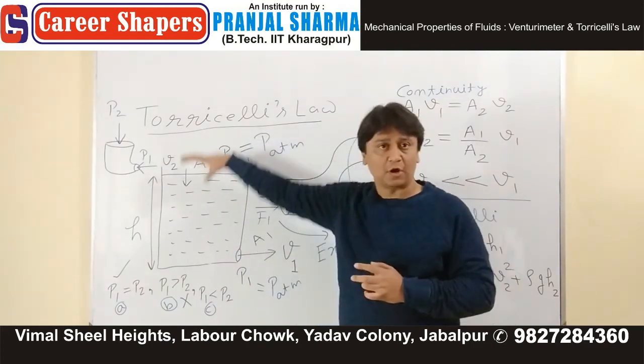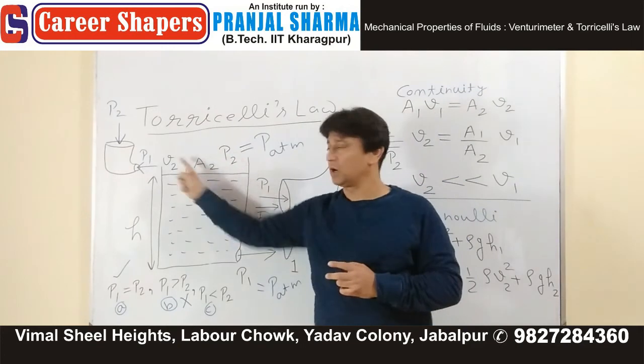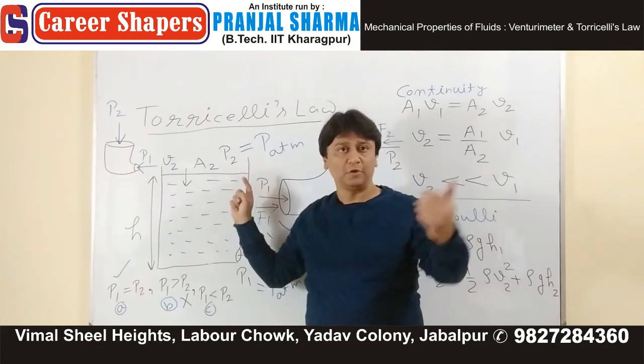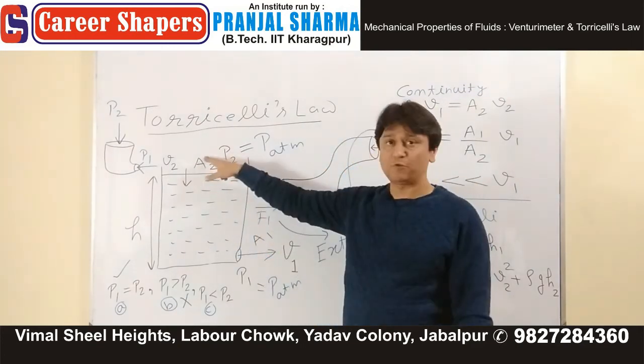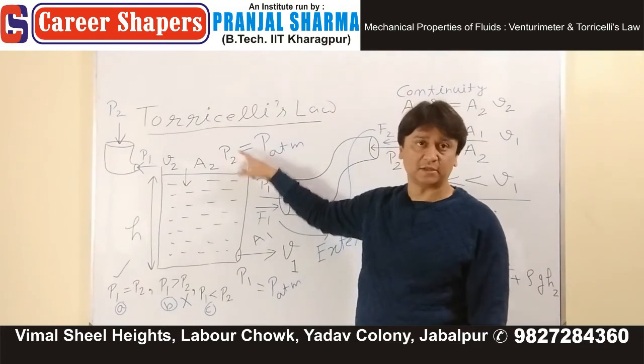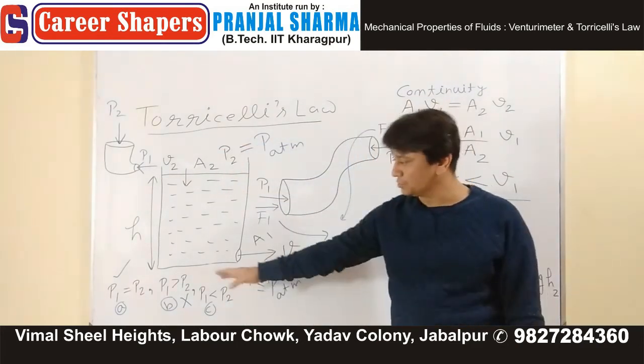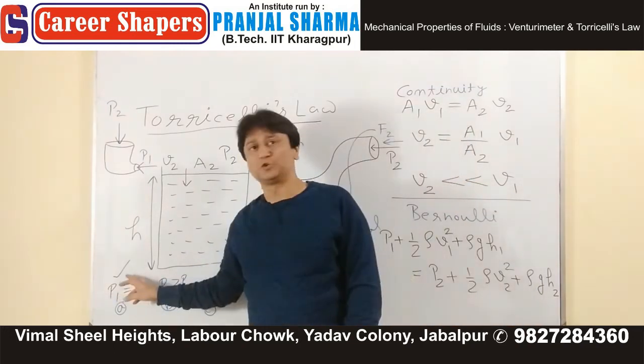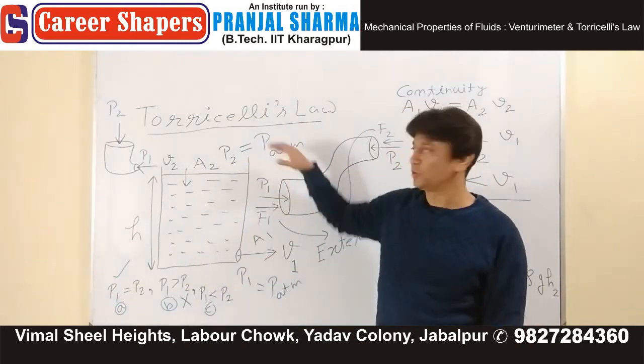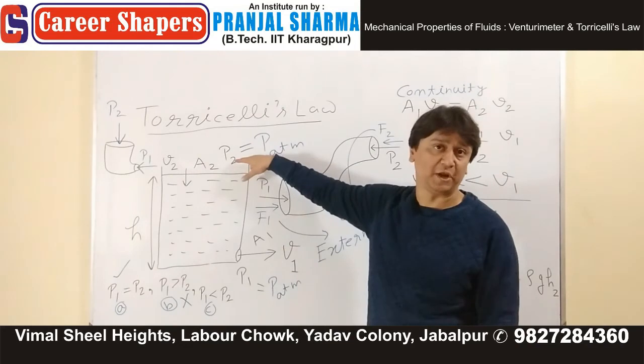Now, as the water comes out, it creates what? A vacuum sort of. You can visualize that. Because of that vacuum, P2 will decrease. And in that case, you cannot use P1 equals P2. In that case, you have to continuously decrease P2.